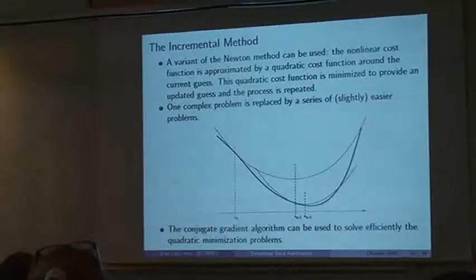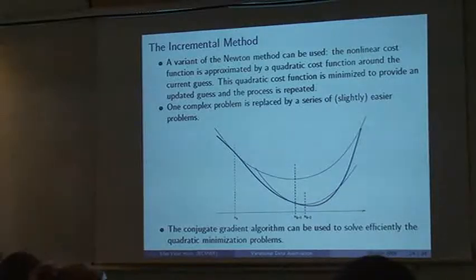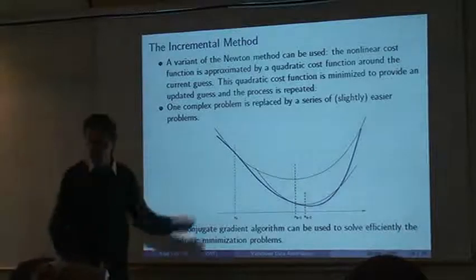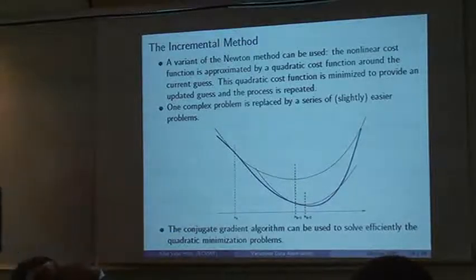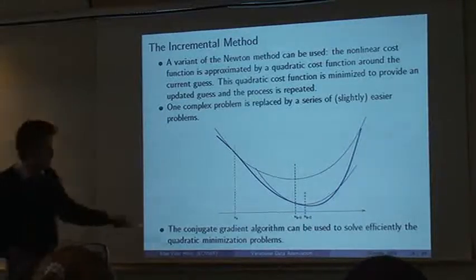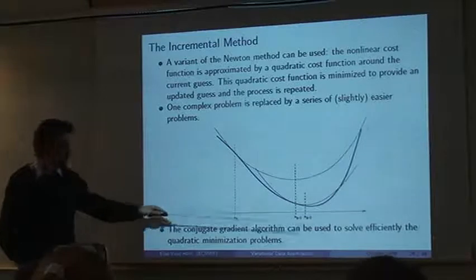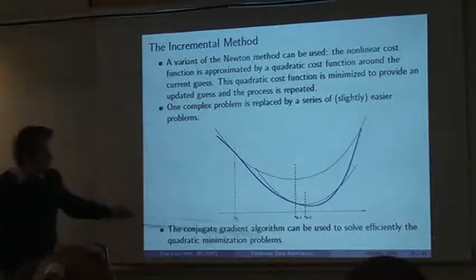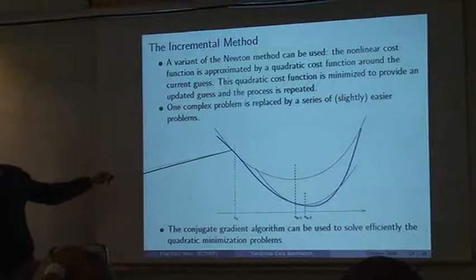Now, let me just say that in practice we have nonlinear cost functions. So our problems are nonlinear. Let's say this blue line here, it can even look worse than this. So in practice, we know that we have a reasonably good initial condition so that we are in the neighborhood of our reality. So if the real reality is here somewhere, we start here, somewhere in the neighborhood.